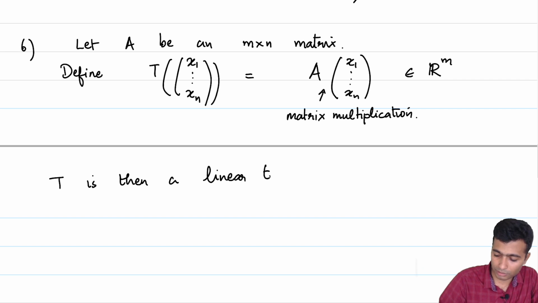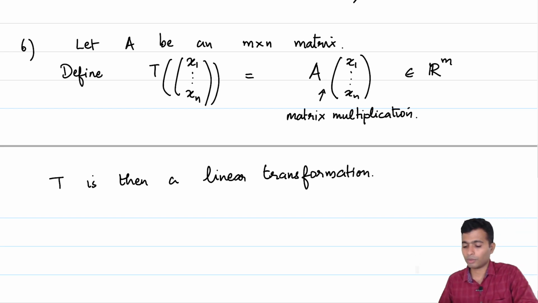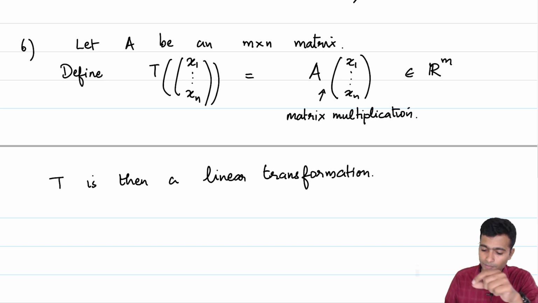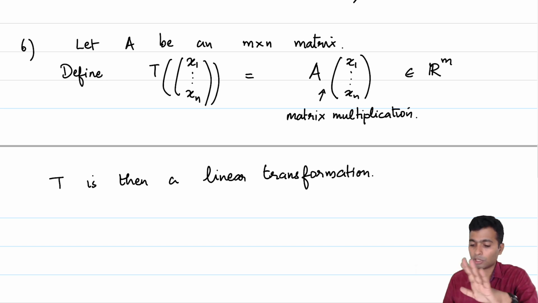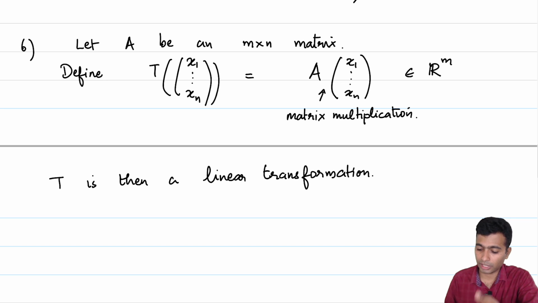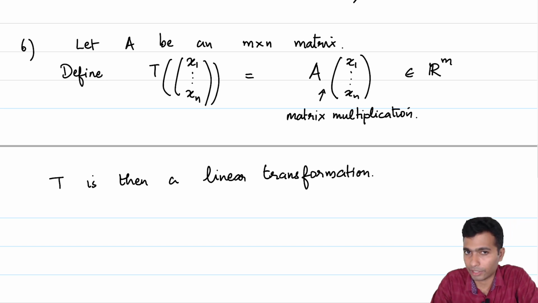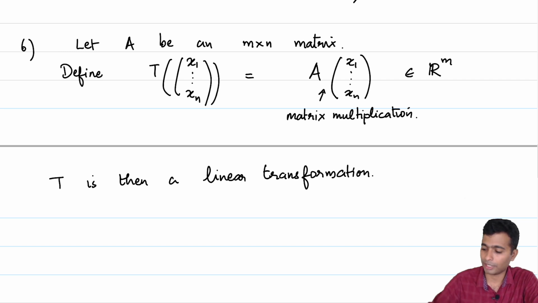We will come back to this later, certainly. So, if you take the effort to painstakingly write down the explicit expression of T of x1 to xn in terms of the coefficients in A, it is very straightforward to check that T is a linear transformation. So, I will not go into the details there.